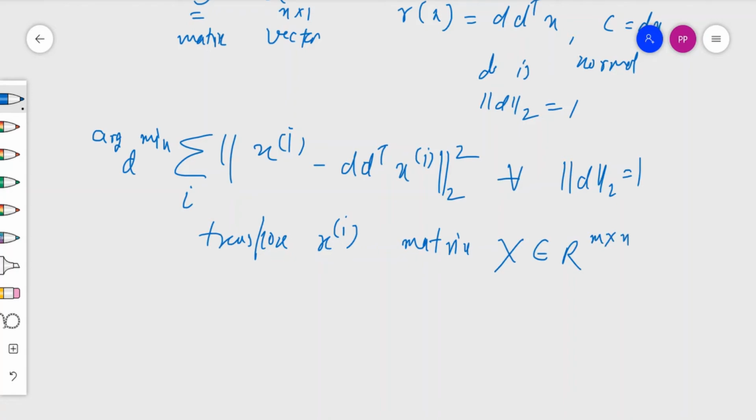Each x is an n element column vector. So we transpose it and combine such m points together to form the capital X. So X should be an m by n matrix such that X(i, :) equals x_i transpose.